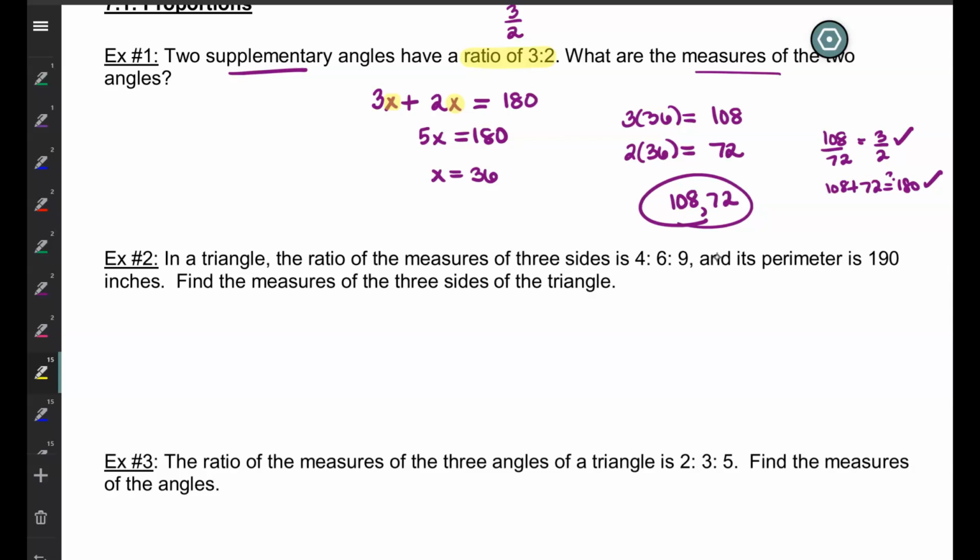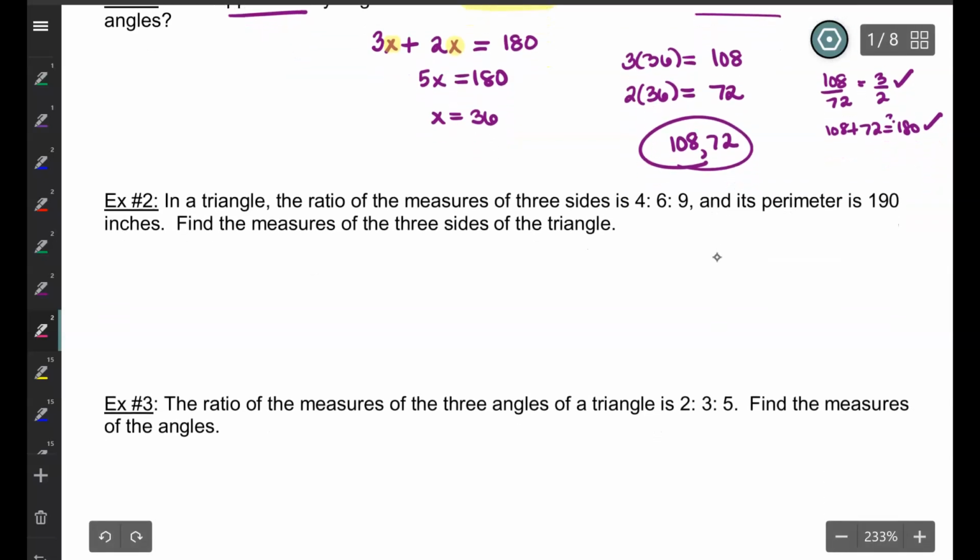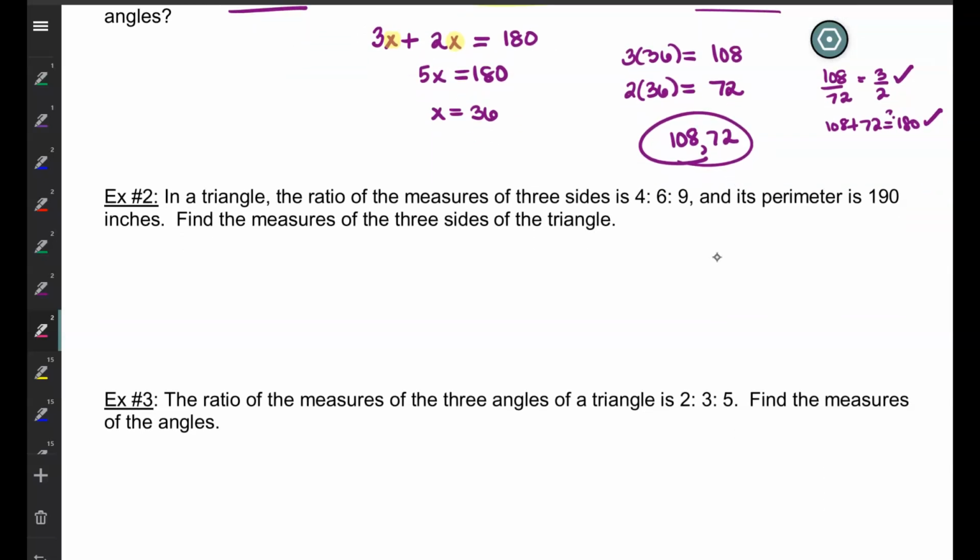In a triangle, the ratio of the measures of three sides is 4 to 6 to 9, and its perimeter is 190 inches. Find the measures of the three sides. It's okay that we have three different numbers here. We're still going to do something similar where we're going to make the sides 4x, 6x, and 9x.